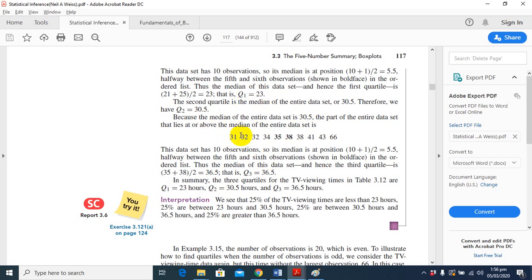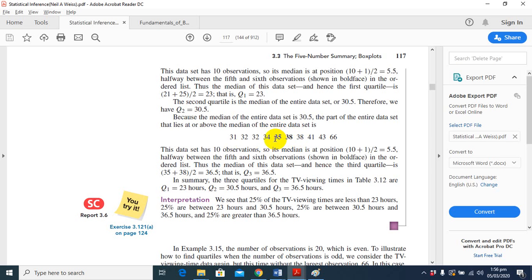Likewise, consider those observations which are above the median score. For example, in my case, the observations from 31 to 66 are above the median score. Again, we have 10 observations, so find the median score of these 10 observations.